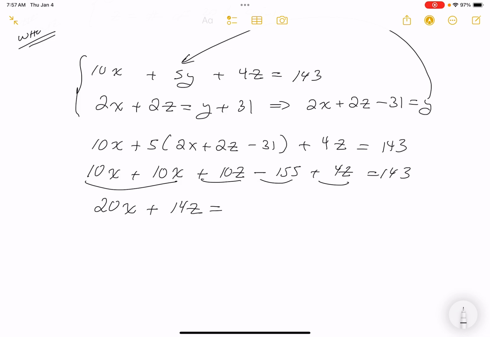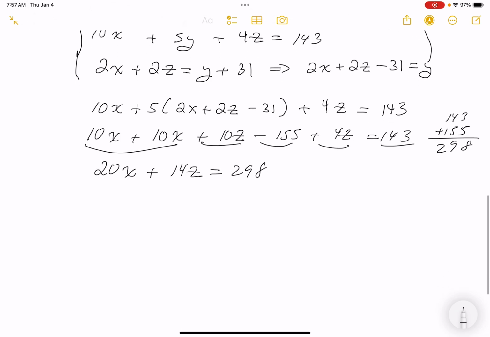I'm going to take this and bring it to the other side. So it's really 143 plus 155. That's going to give me 298. Again, I'm always looking to reduce the size of the numbers. I'm looking at this thing over here, and I'm going to divide through by 2. And what do you get? You get 10x, 7z, and 2 into 298.